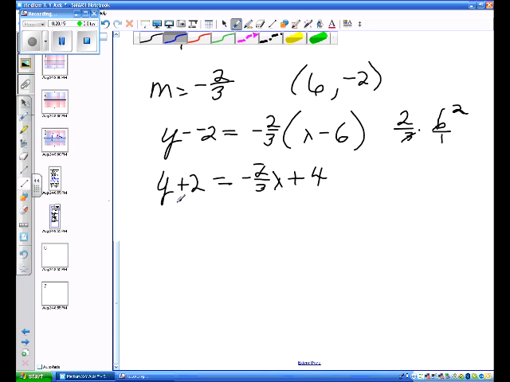But let's write our final answer in slope-intercept form also, which is usually the better form, and it's a more common form. So we end up with y is equal to negative 2/3 x plus 2.